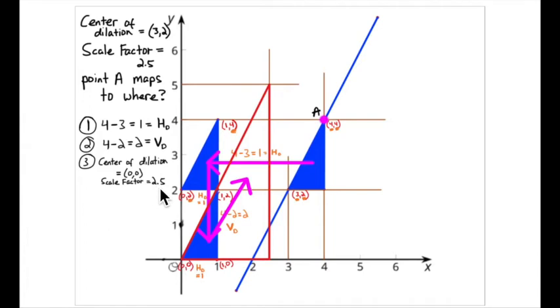Scale factor is 2.5. So now if we multiply each of these distances, the horizontal distance by 2.5, that's going to tell you the x-coordinate. So 2.5 times 1 gets you out to 2.5. And the vertical distance, 2 times 2.5, tells you the y-coordinate.